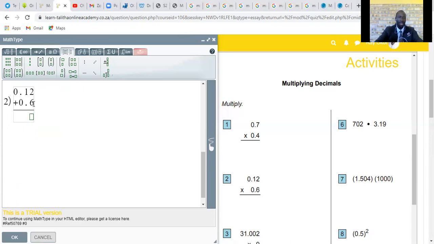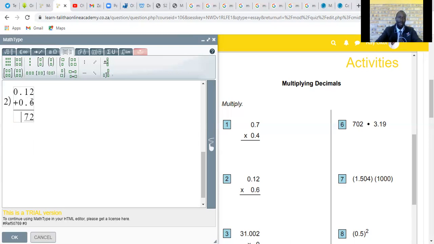We multiply this first number 6 by 2, and we get 12, but we don't write it all. We write 2, we carry 1. Then we multiply 6 by 1, and we get 6. Then onto the 6 we add 1, that is 6 added to 1 gives us 7.